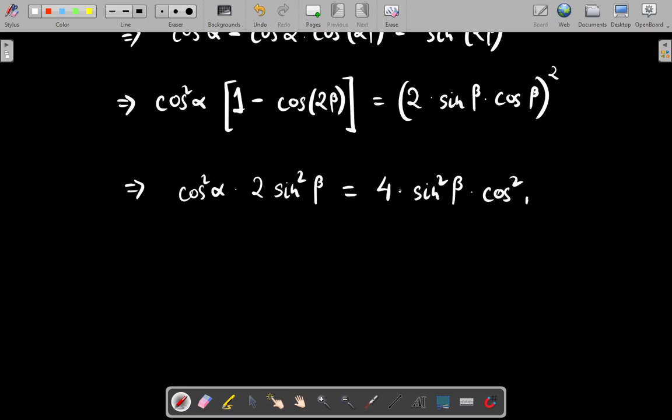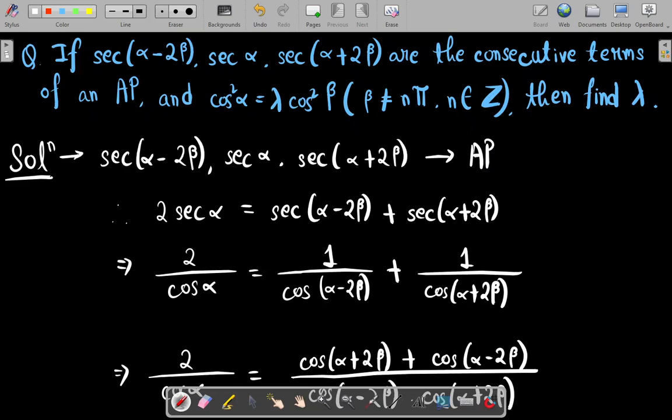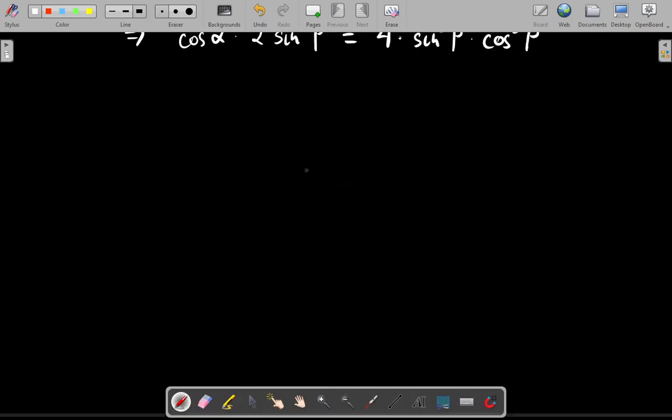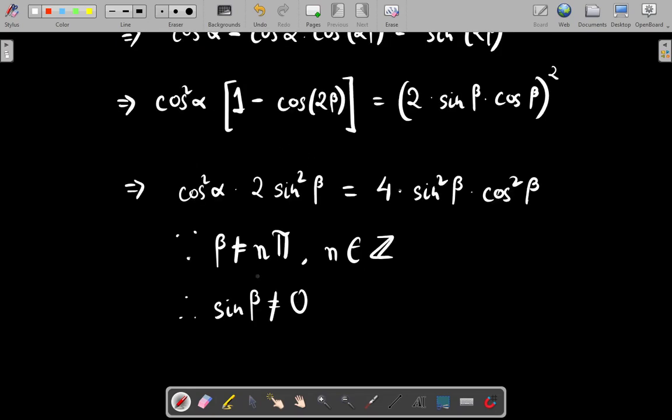Okay, so now we are given one thing, that beta is not equal to n pi, where n is an integer. This means that the value of sin beta is not equal to 0, since sin of n pi is 0.